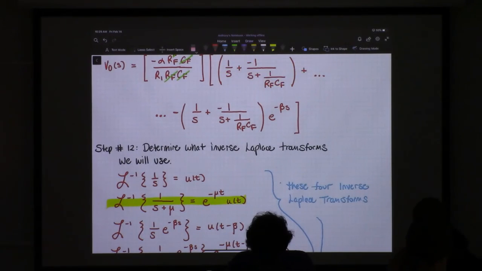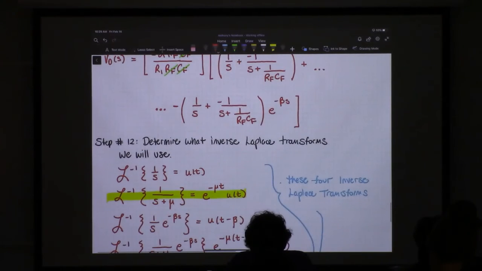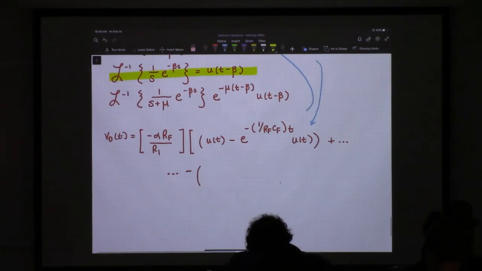Next, plus dot dot dot, but it's actually a minus. So minus, now we got to address this one, which is this times this, right? For that one, we'll use the third row that we came up with, which is going to be u of t minus beta.